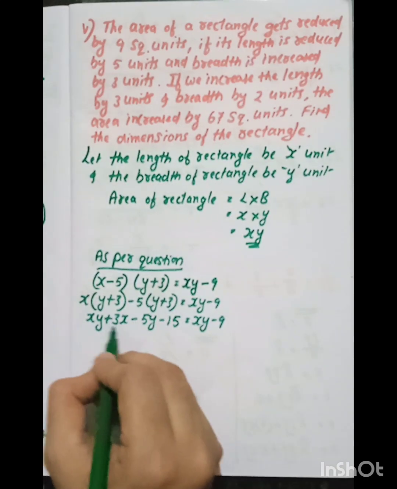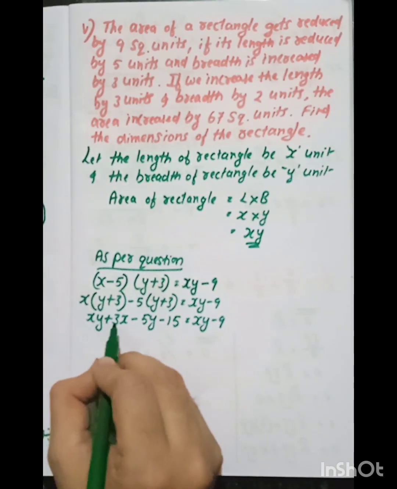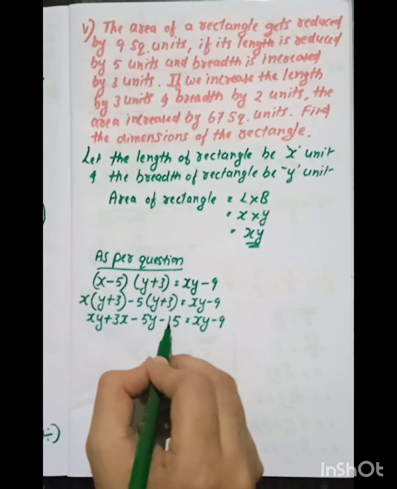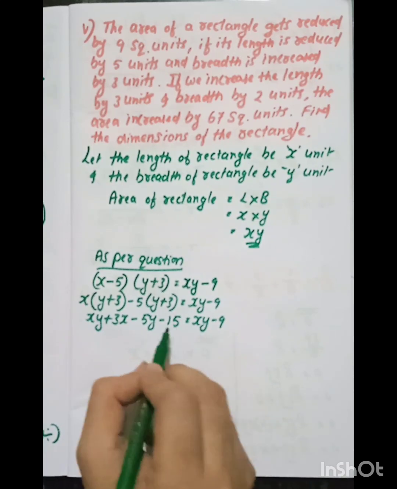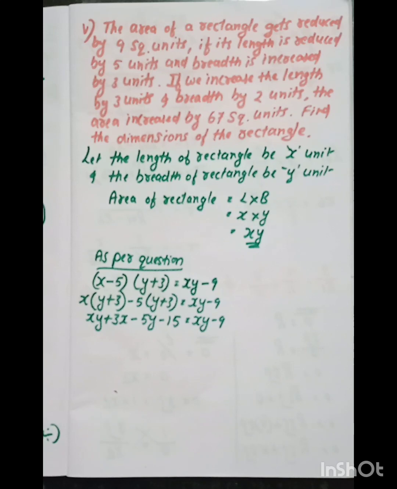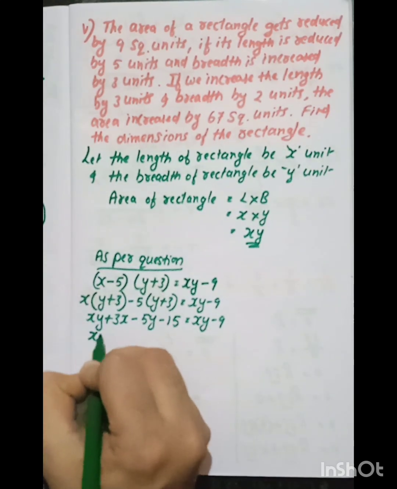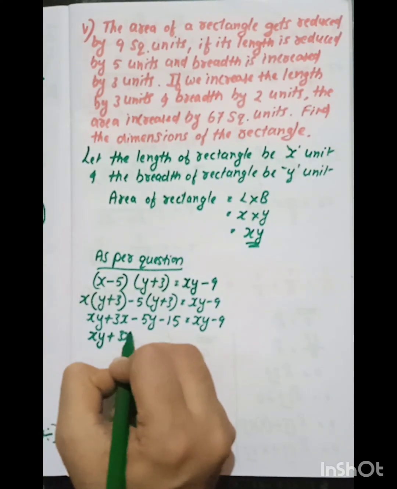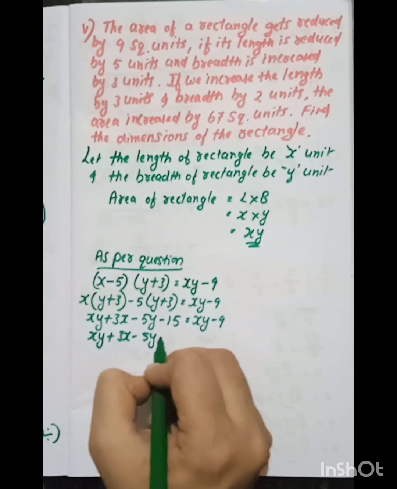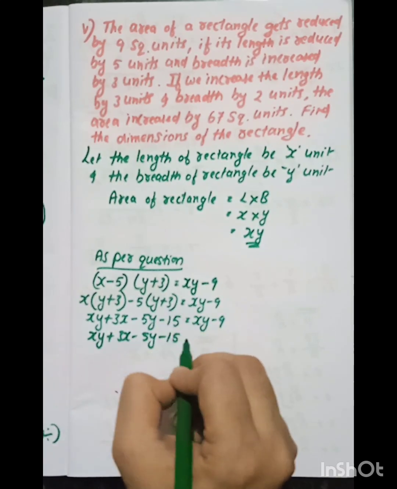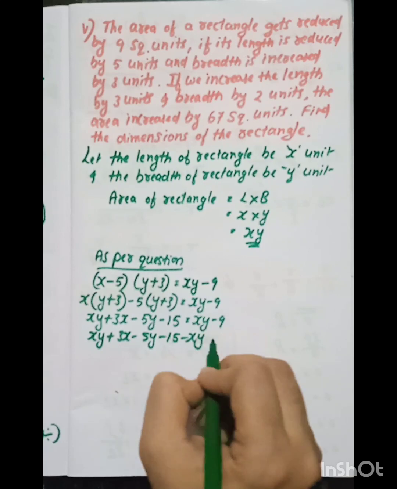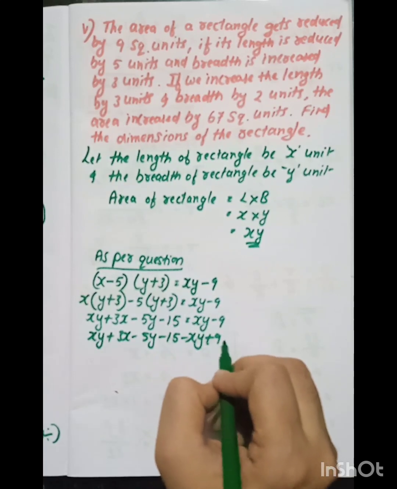Bring this here: xy plus 3x minus 5y minus 15 minus xy plus 9 equals 0.